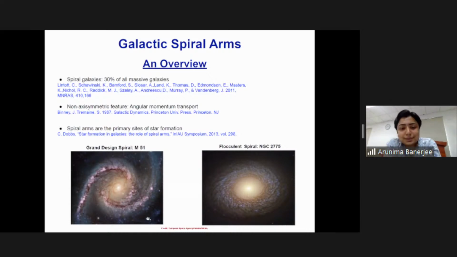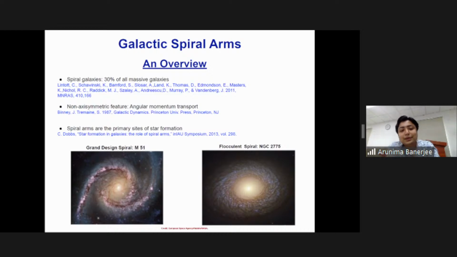So this is a very interesting scenario again to drive home the point. If I show you only one picture of a grand design and one picture of a flocculent, it's very difficult to teach you which is a grand design and which is a flocculent. On the other hand, if I give you a few hundred grand designs and a few hundred flocculents, you will definitely make out. You will teach yourself.